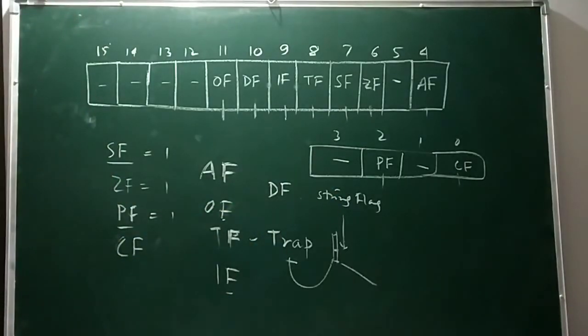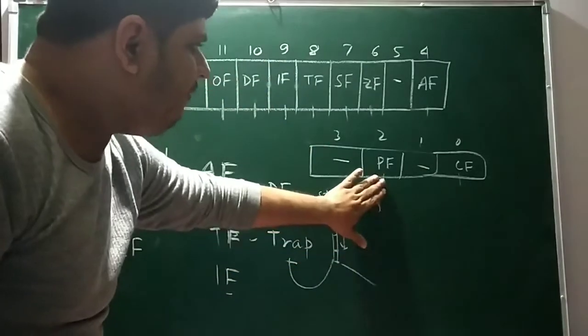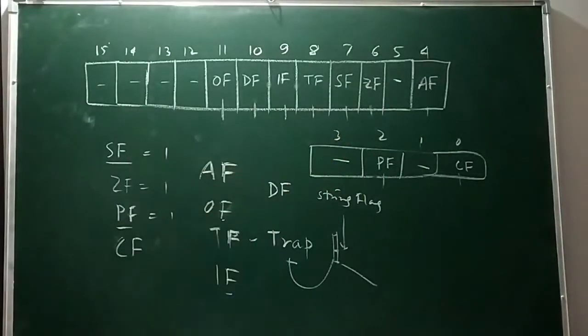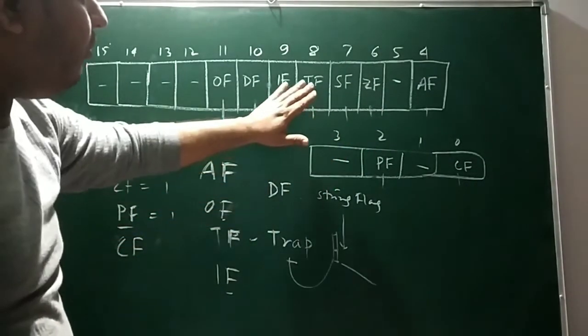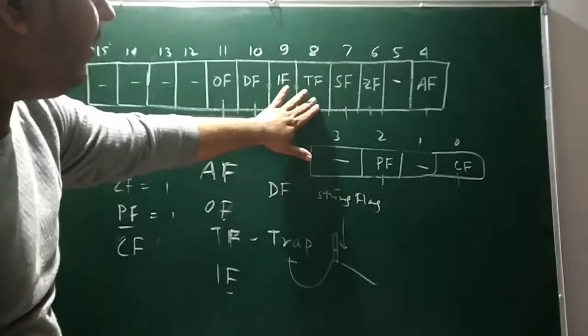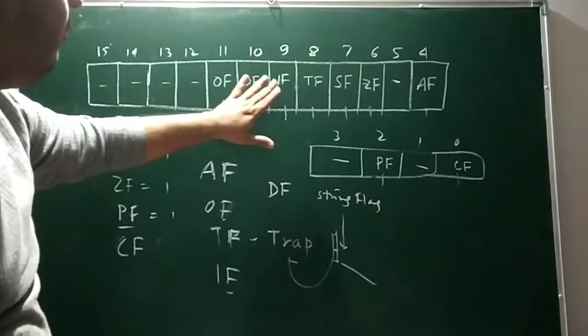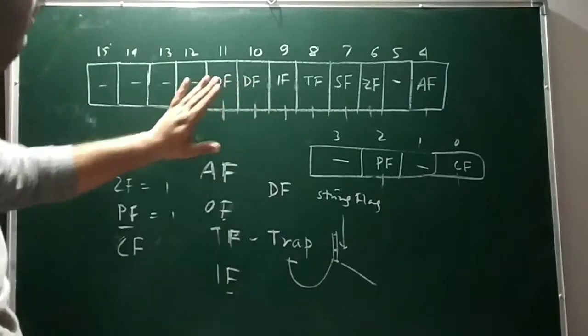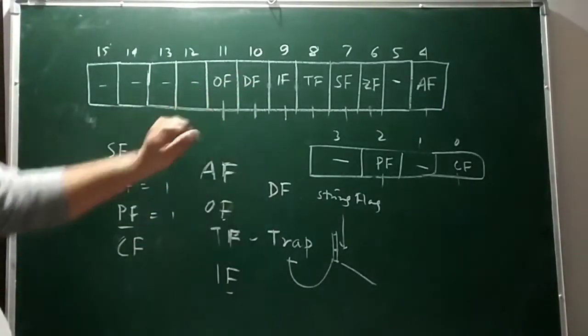So these were all about the flag register of 8086. 8086 has a total of 9 flags. So carry flag, parity flag, auxiliary carry flag, sign flag and zero flag were there in 8085 also. In addition to these 5 flags, we have trap flag, interrupt flag, direction flag or string flag, and overflow flag.